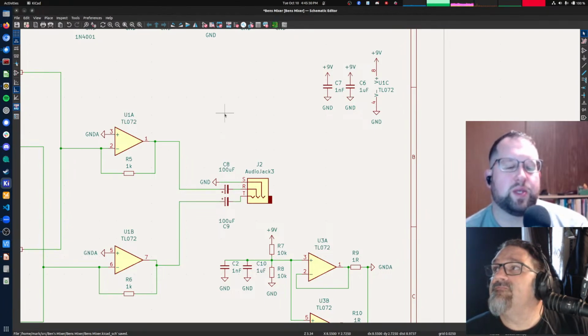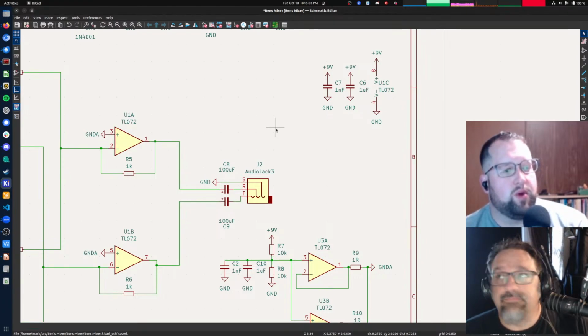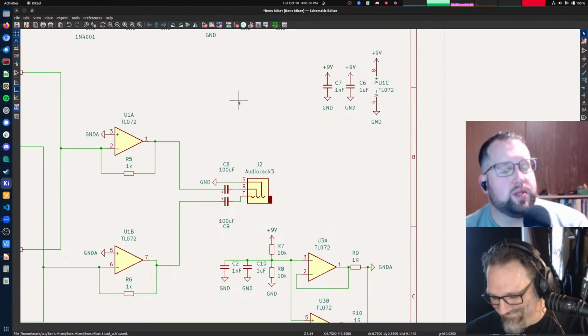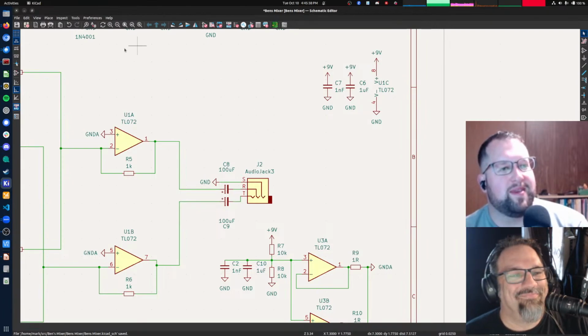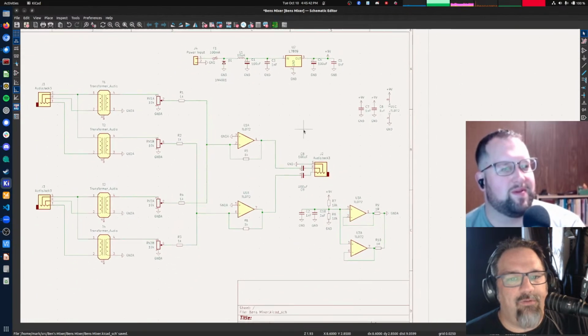Just for my curiosity, if I had said I'd be okay dedicating AC power to this instead of DC, how much of the circuit would change? So what would change would be this power supply.